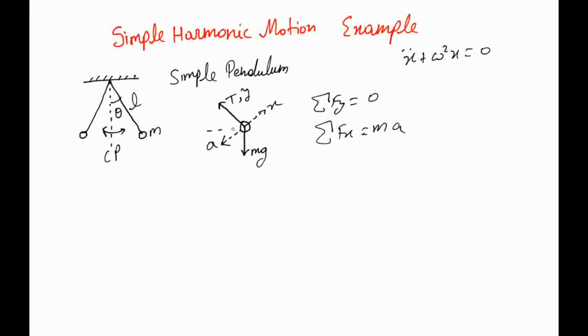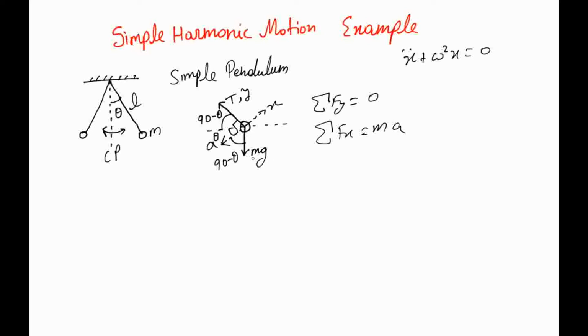So what we can do is draw this line, and we know this angle is going to be 90 minus theta, and because this is perpendicular, this is going to be theta, and this angle is again going to be 90 minus theta.